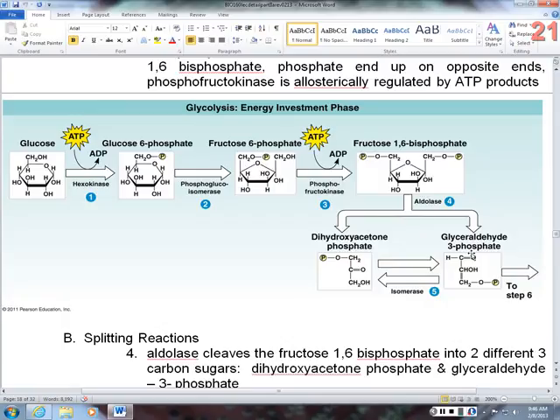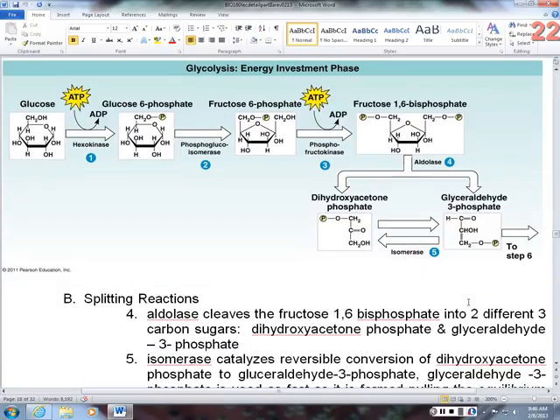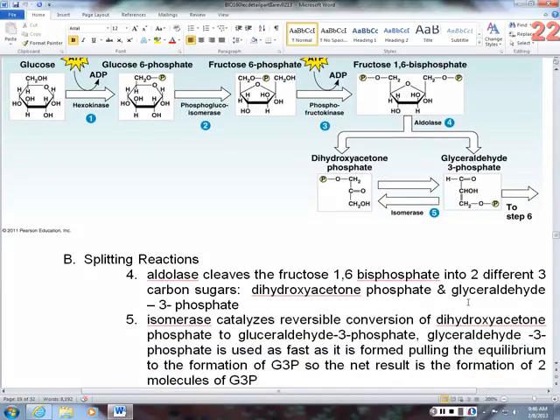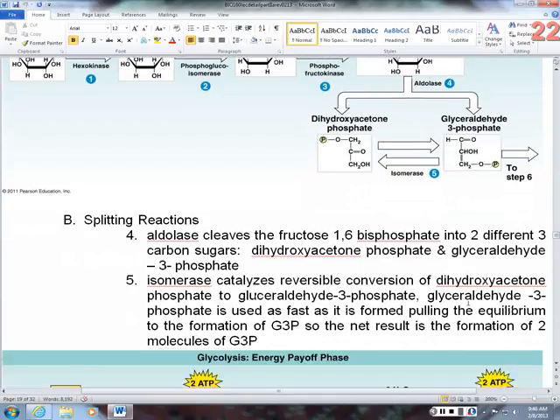Sometimes when you see this, they'll actually leave out this step because this is all going to get converted to the glyceraldehyde 3-phosphate. And so the isomerase catalyzes the reversible reaction of the dihydroxyacetone to make the glyceraldehyde 3-phosphate.